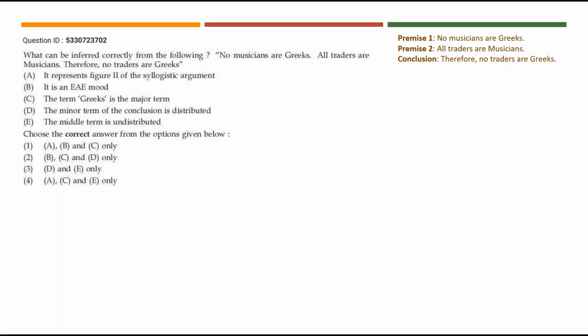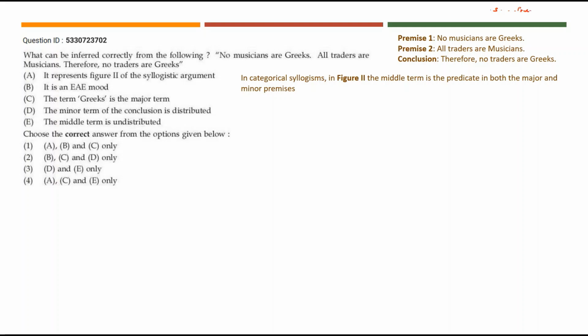So, each option is talking about one thing. Now we will start with the first option, figure 2 of syllogistic argument. In categorical syllogism, in figure 2, the middle term is the predicate in both the major and minor premises. What is actually predicate? When you have a statement like this, the first word will be called as the subject and the second word will be called as the predicate.